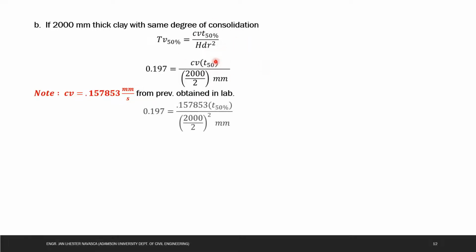Okay, so plugging in all the values, you get the time it takes for 50% degree of consolidation, that is 1.248 million seconds. Convert it to days: divide by 60 for minutes, divide by 60 for hours, and divide by 24 for days. So the time it takes for the same degree of consolidation with 2 meter thick clay is 14.4 days.